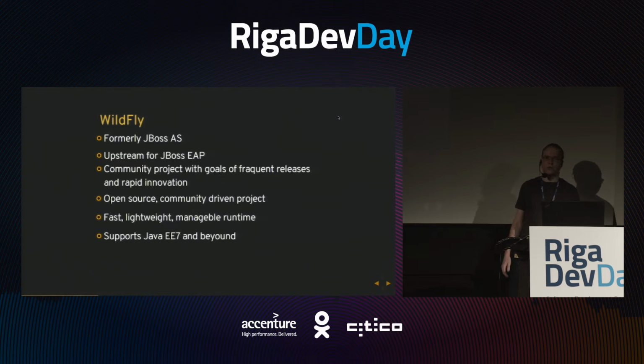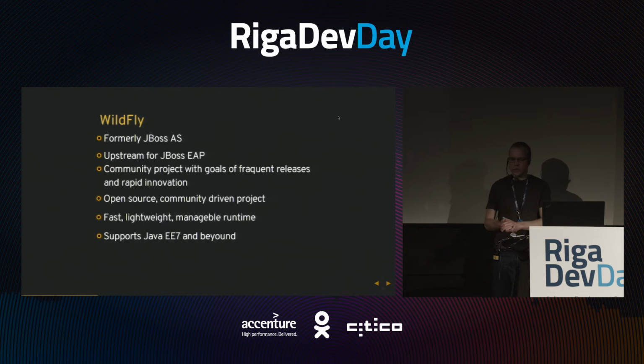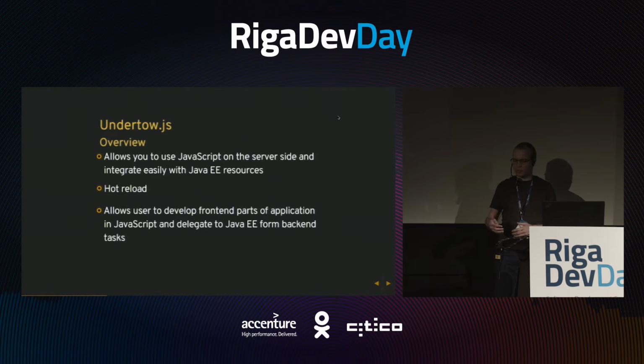I would like to start, to warm up, with web tools, very practical ones that were just introduced. First is Undertow.js. With Undertow.js we are providing an ability to deploy part of your application as JavaScript.